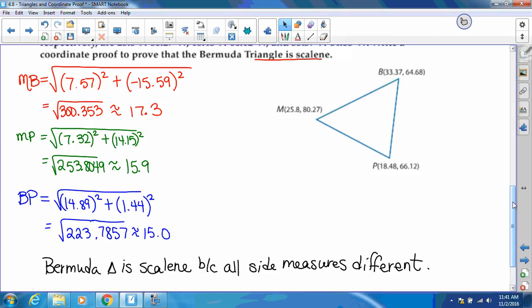And so on that one, that's your coordinate proof. You're just showing me how you're coming up with that, and that is by doing the distance formula to show that all the sides are different. And I'm hoping all those side measures are correct since I'm doing it up here quickly with my calculator. So you can correct me if I missed one of those.